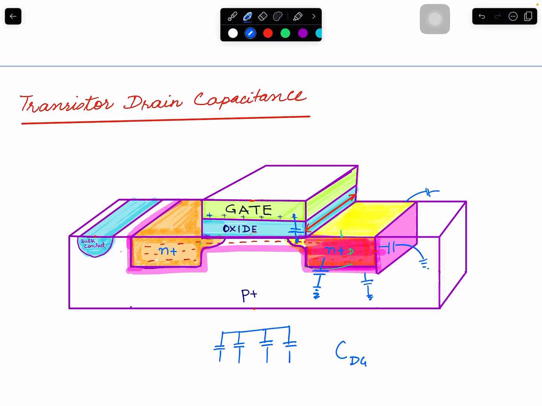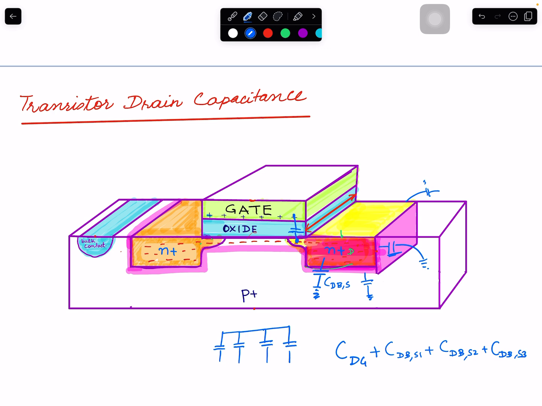So I will write everything in that form. Let's call this C drain to bulk side 1, plus C drain to bulk side 2, plus C drain to bulk side 3.